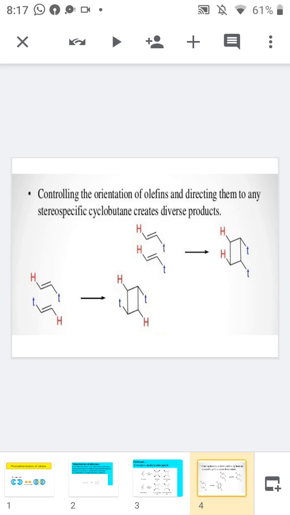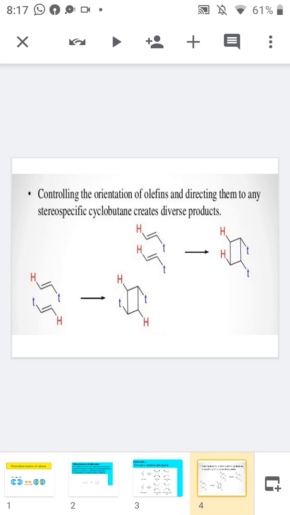So we can orient the substituents in the cyclobutane depending upon the substituents present in the alkene and how they are dimerizing. Then we can control the position of the substituents or the plane in which they occur.